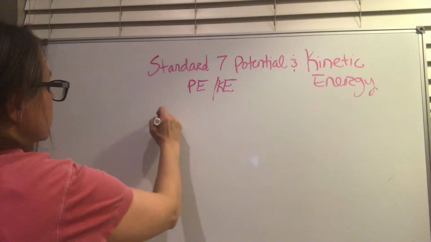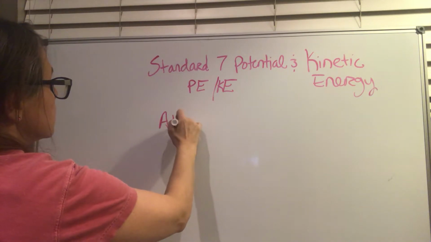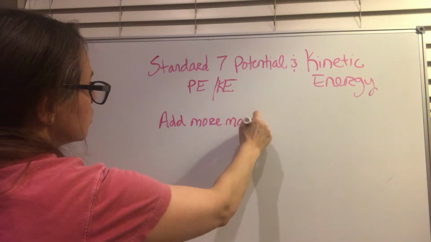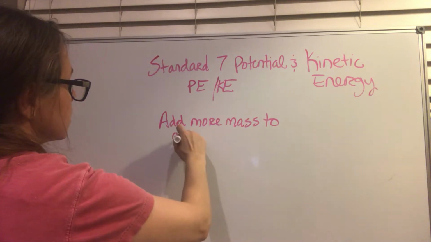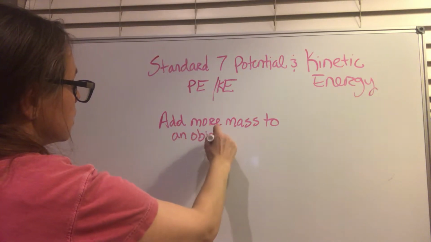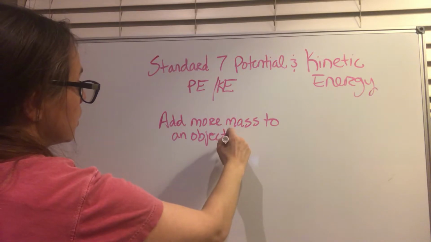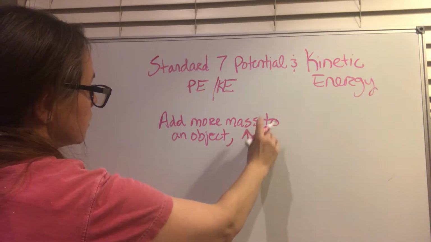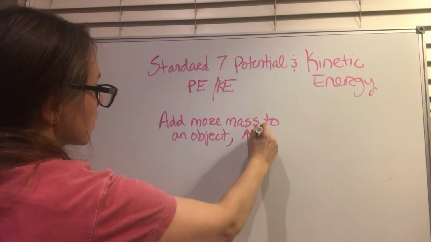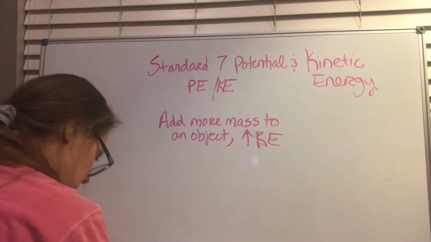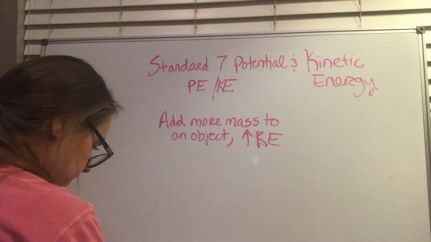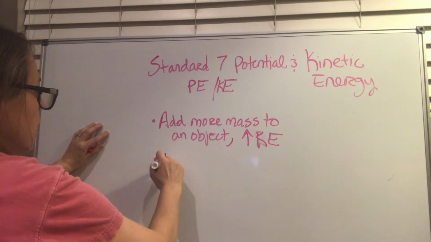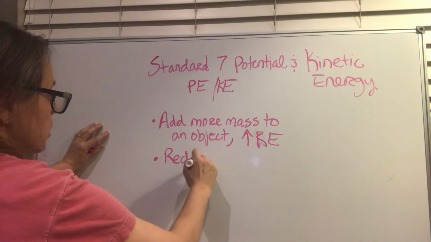So whenever you add more mass to an object, you are increasing its kinetic energy. You also can increase kinetic energy by reducing friction.